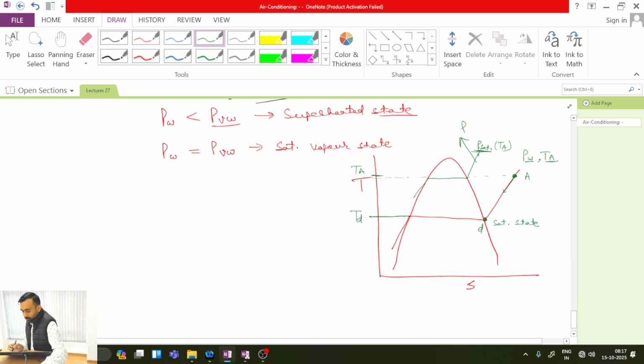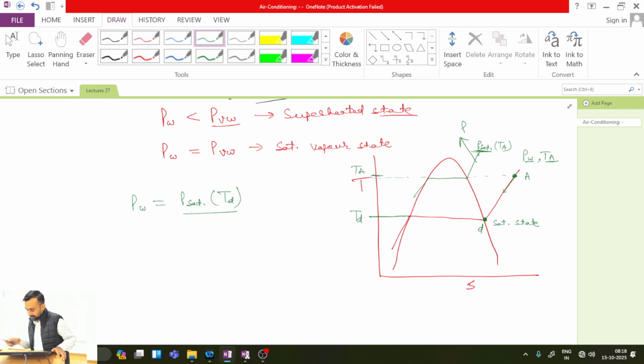So when PW is saturation at TD, PW is equal to Psat at temperature TD. It means for temperature TD, PW is now the vapor pressure, so I have reached the saturated vapor state.